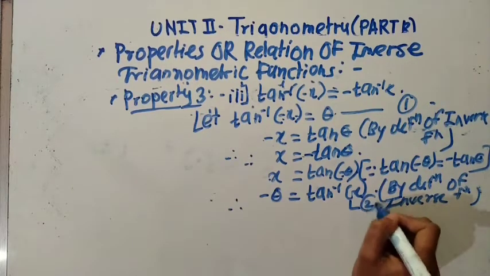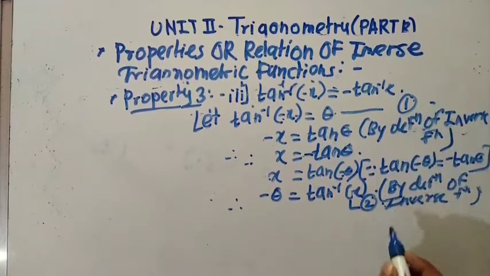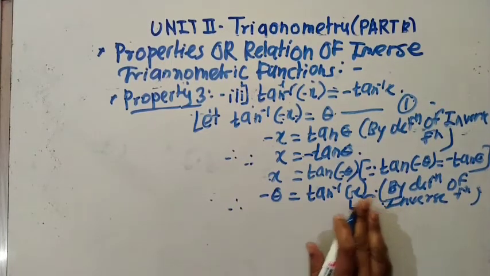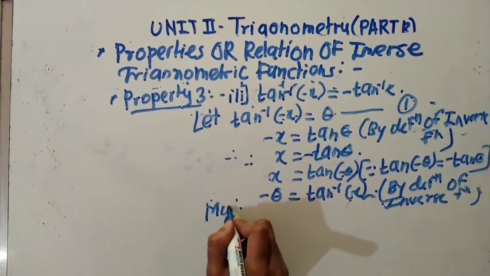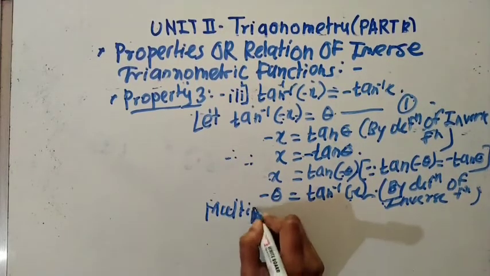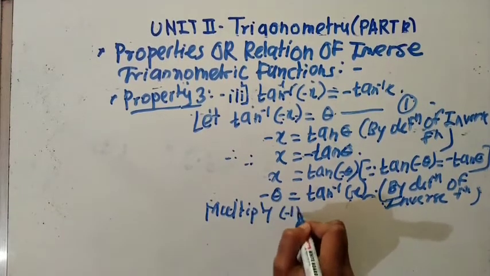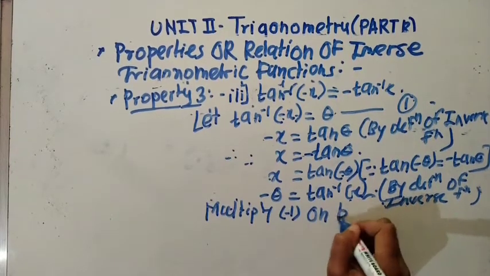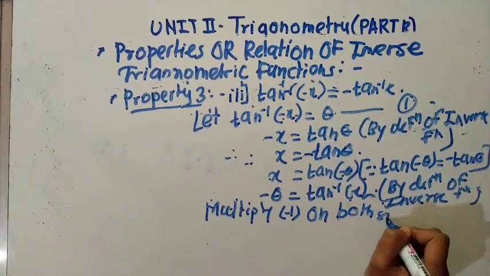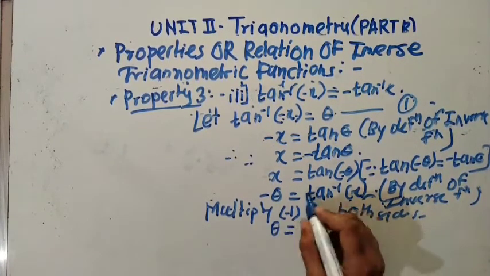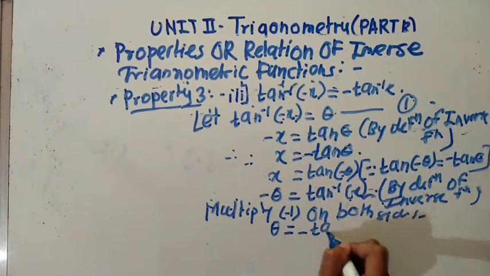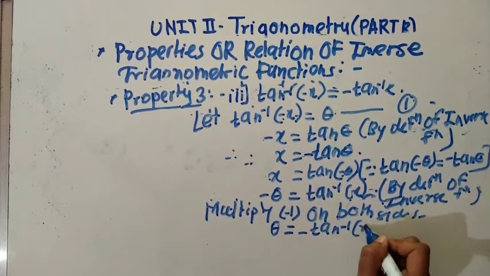This is the second equation, and from 1 and 2, we multiply minus 1 on both sides. Multiplying by minus 1, minus minus becomes plus, so theta is equal to minus tan inverse of x.